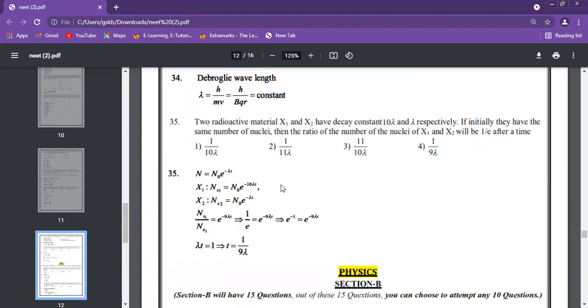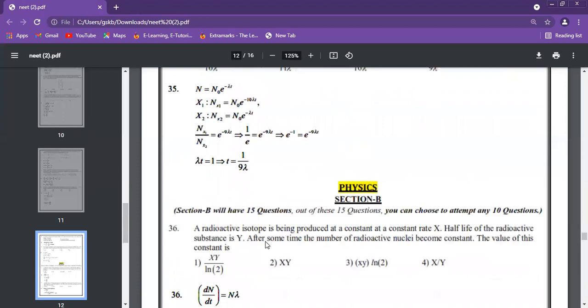So this is the nucleus chapter. Directly, as a shortcut, we can write 1 by the difference of these lambdas. One is 10 lambda, the second one is lambda. 10 lambda minus lambda, 9 lambda will come. That's the answer.